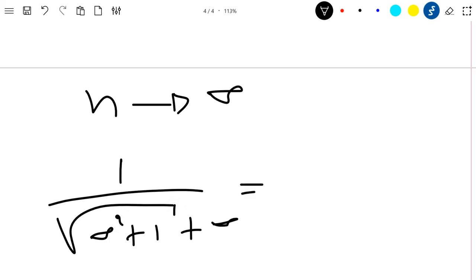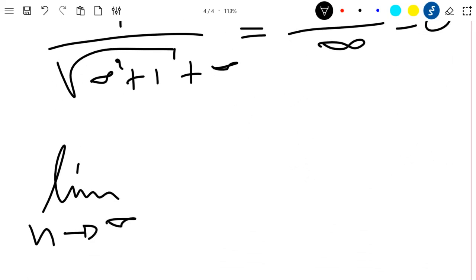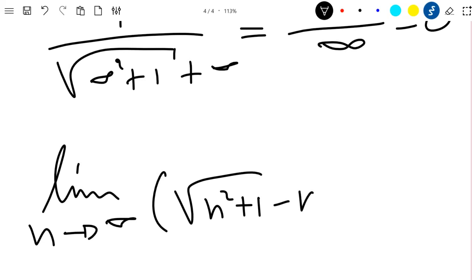And what is this? This is just 1 divided by infinity. You know that any number divided by infinity is equal to 0, so this is 0. Therefore finally we have the limit when n tends to infinity of the square root of n squared plus 1 minus n is equal to 0.